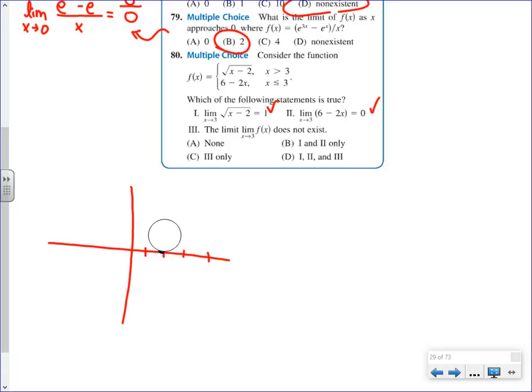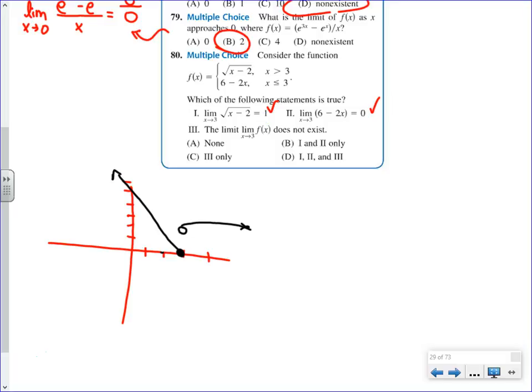The path of the driver on the right. What's 6 minus 2x? The path of the driver on the right.